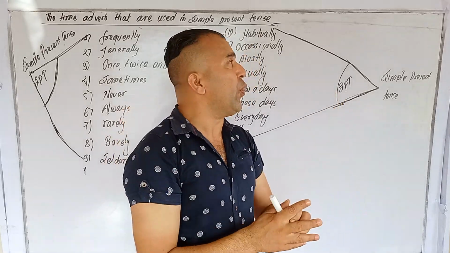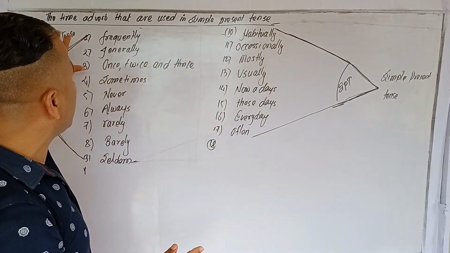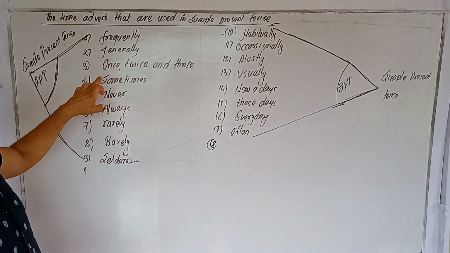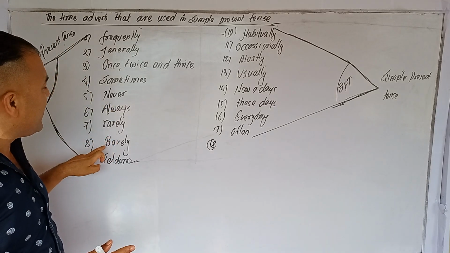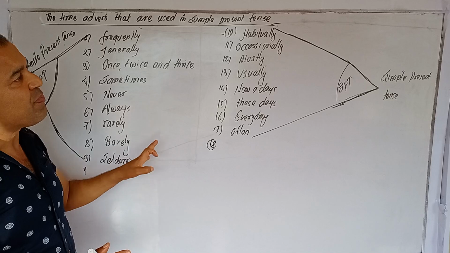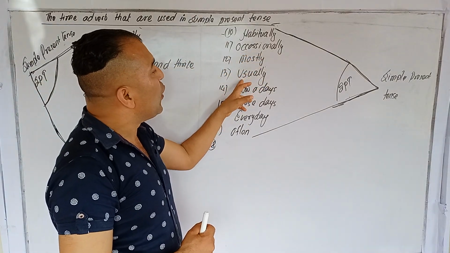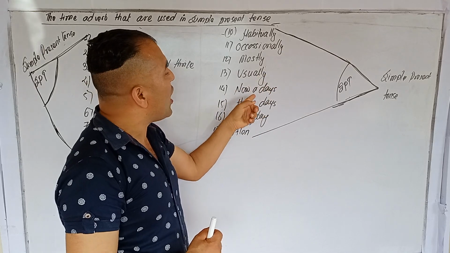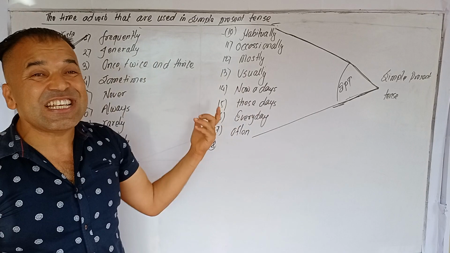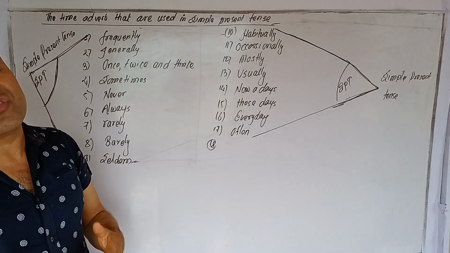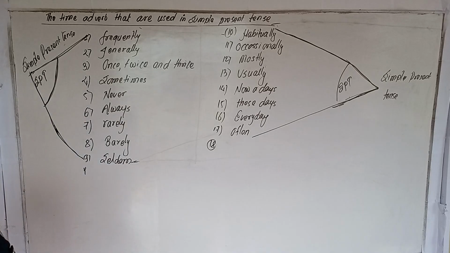So be aware and keep in mind these time adverbs: frequently, generally, sometime, never, always, rarely, barely, seldom, habitually, occasionally, mostly, usually, nowadays, these days, every day, often. These time adverbs are generally used in simple present tense.